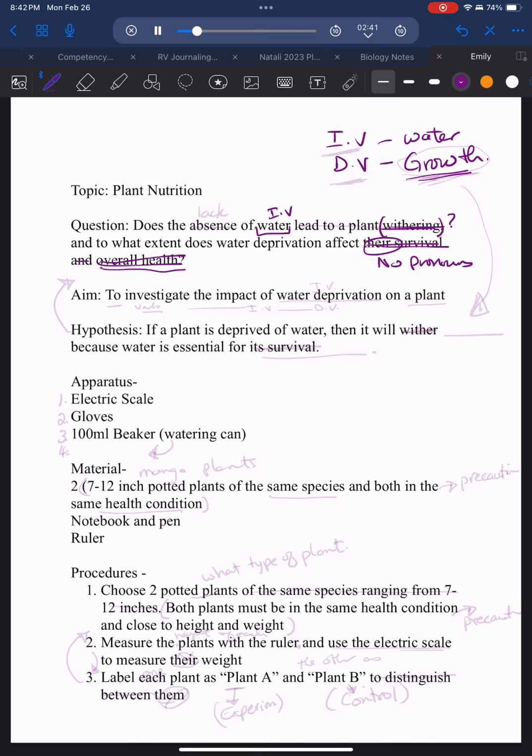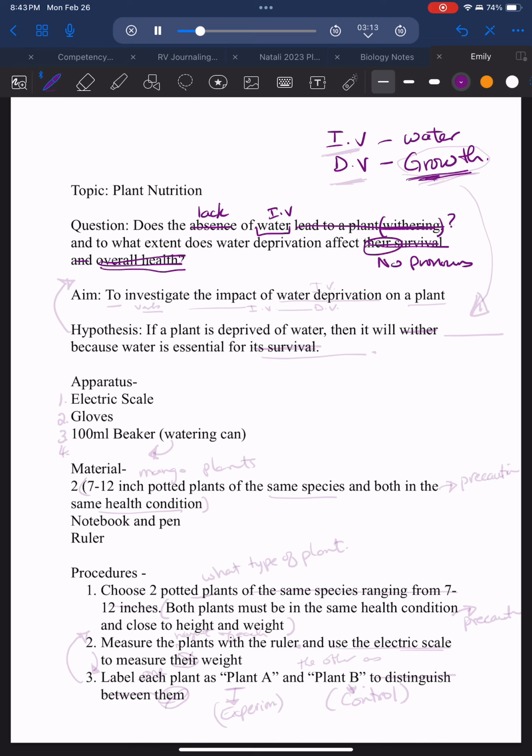So, does the absence of water, and I would change the word absence to lack of water, lead to, you tell me what, to slow growth or to a faster growth, or you decide what will be when it comes to the dependent variable.